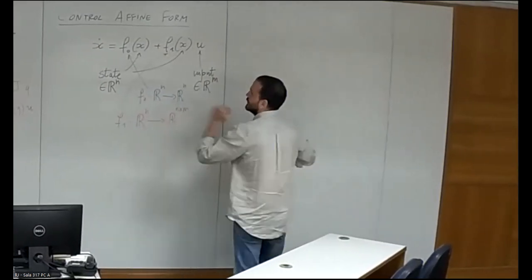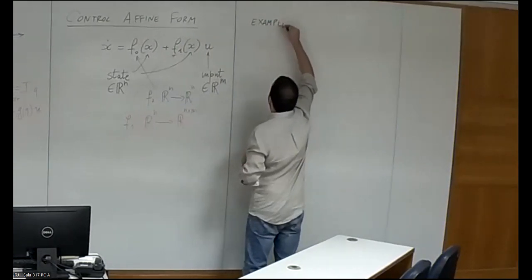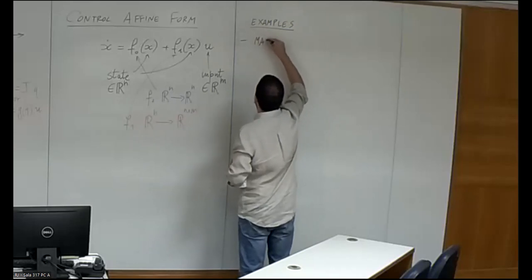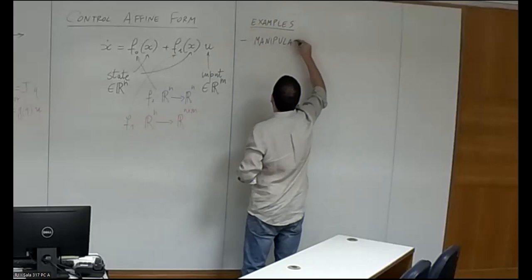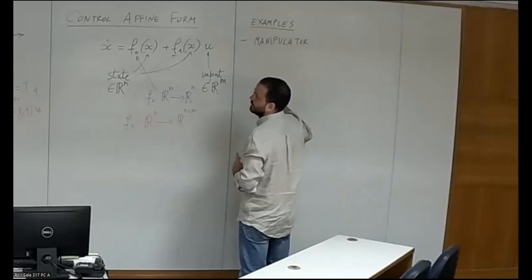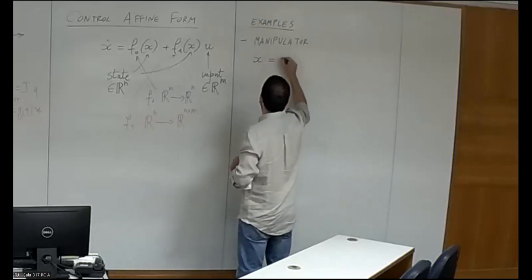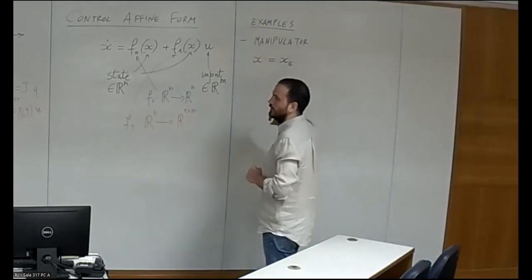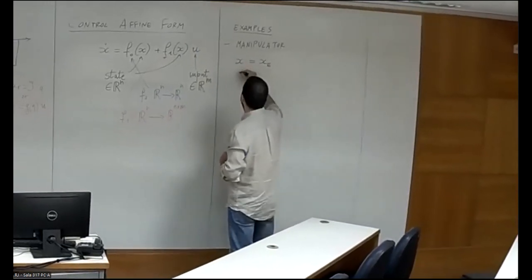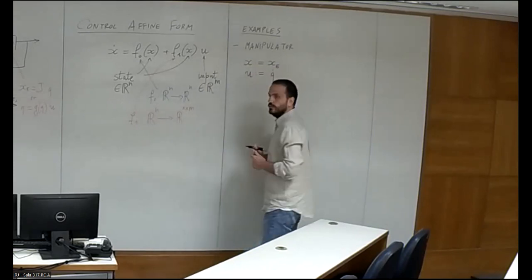So for the case of the manipulator, we can define the state x to be x e, the end effector pose, and the input u would be the joint velocities q dot.